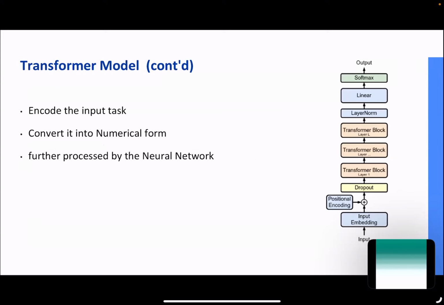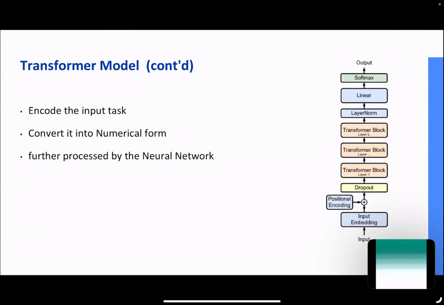So when a user enters a prompt in ChatGPT, for example, the user wants to ask ChatGPT to please write a linear regression code for me, then after the NLP step, that prompt will be given to the transformer model.